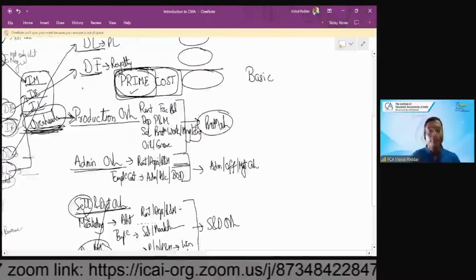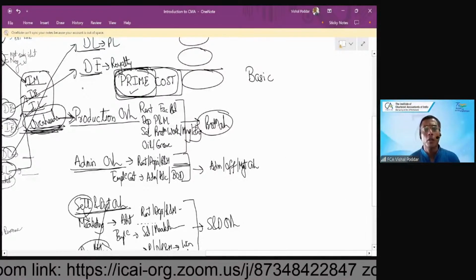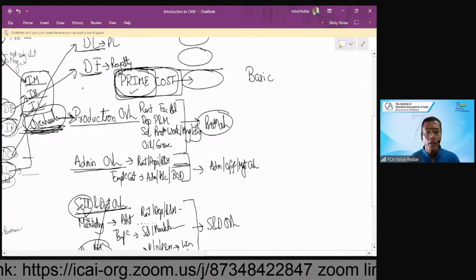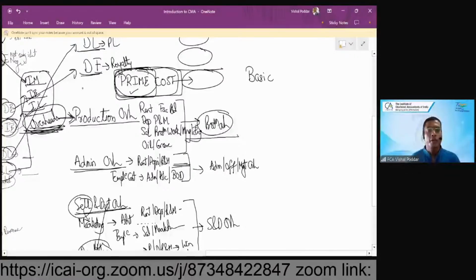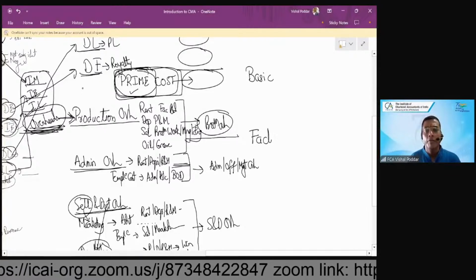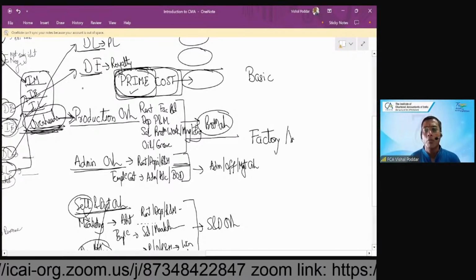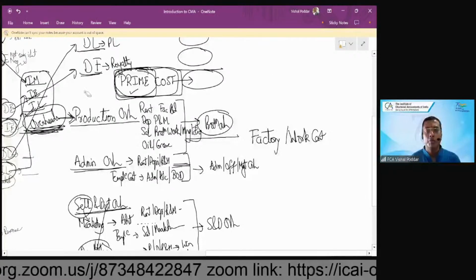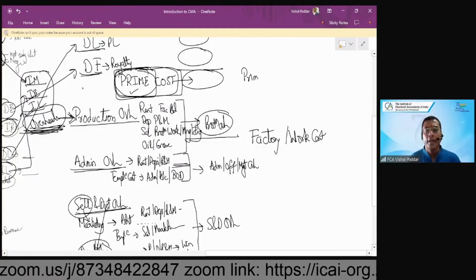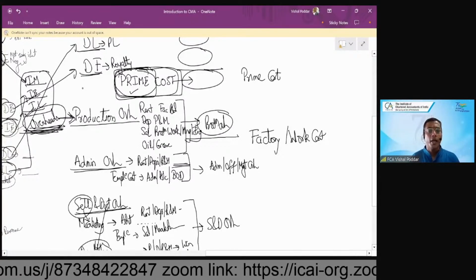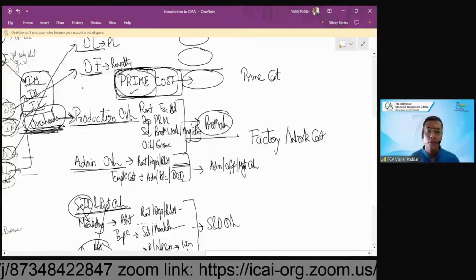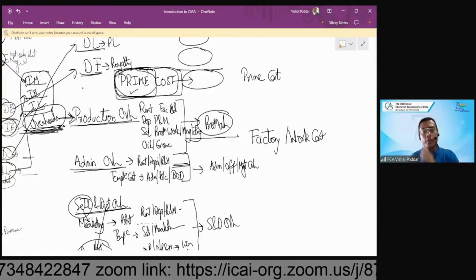And then first I made a total, which is prime cost, which is total of all the direct items. Then to this, I added my production overheads. This becomes my factory or my works cost. So my first cost was the prime cost, that is a total of all direct items. To that, I added the production related indirect cost, production related material, labor, expense, but all indirect.